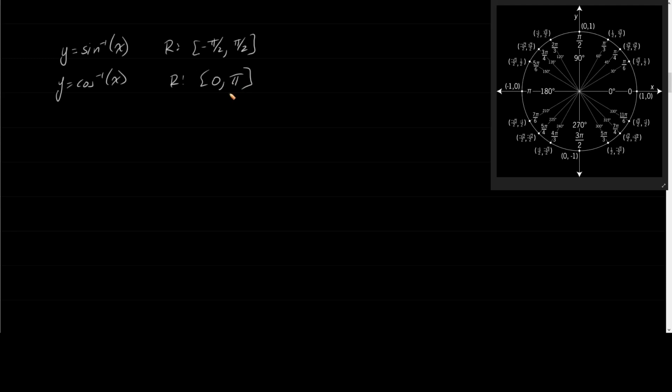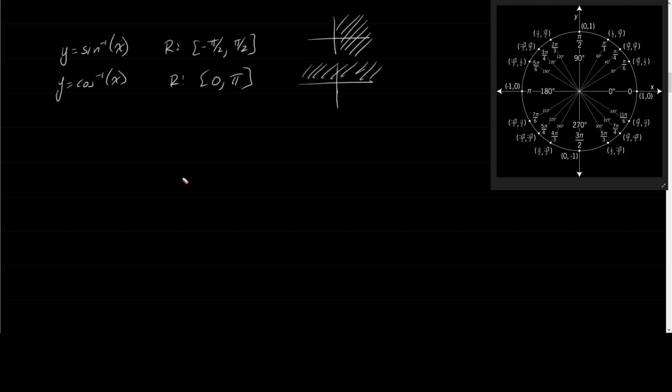Well, what does that tell us in regards to this unit circle is that sine inverse would exist on the right half of the unit circle, whereas cosine inverse would exist on the top half of the unit circle. All right, and why would that be?